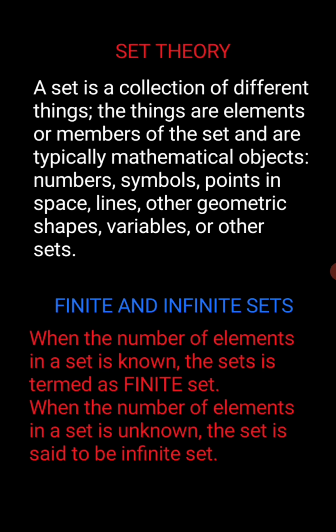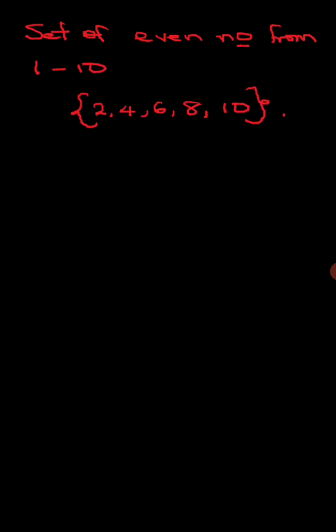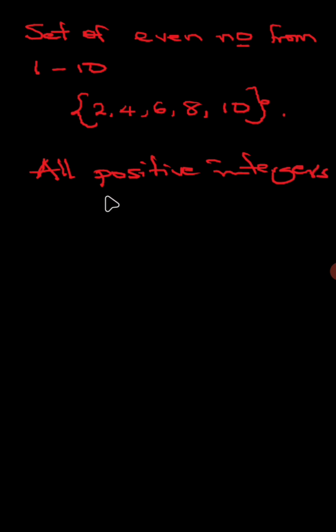For example, the set of all positive integers is not something we can know where it ends. We can say from 1, 2, 3, and so on. We won't know where this ends. This is why we call this an infinite set.